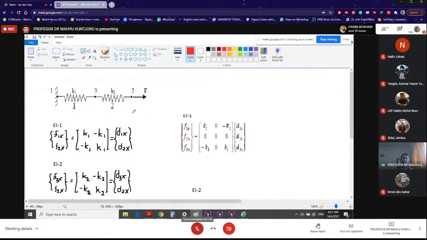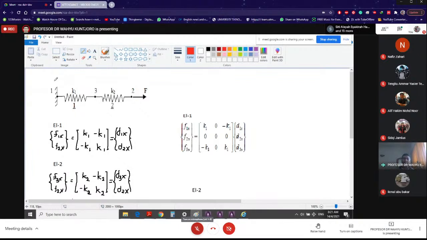So this 1 and 2 is the element number. And don't forget that you need to have the nodes. So we have 1, 2, and 3. We got 3 nodes over here. Node 1, node 2, and node 3. But somehow, the way the model is being given the numbers for the nodes is 1, 3, 2. It doesn't have to be like this.